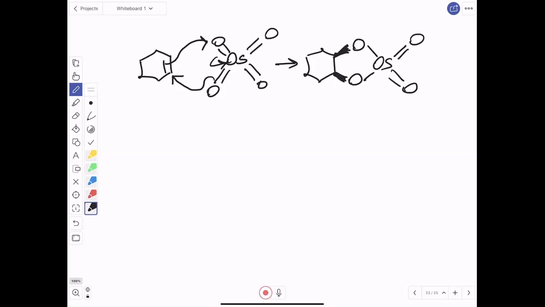In the next step, the key, the reason that it is a syn dihydroxylation, is this intermediate. Both oxygens will add at the same time to the same side of the double bond. And then we add a reducing reagent like sodium sulfide.